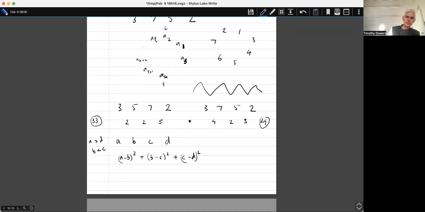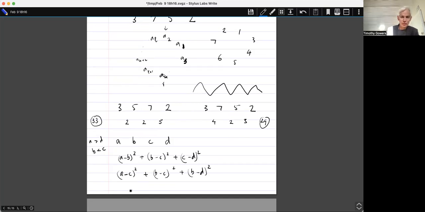So if we just look at the sum of the squares of the differences all the way around, we can isolate the effect in a nice way. But is this going to go down when I swap b and c? What's that compared with? It's compared with (a minus c) squared plus (b minus c) squared plus (b minus d) squared.